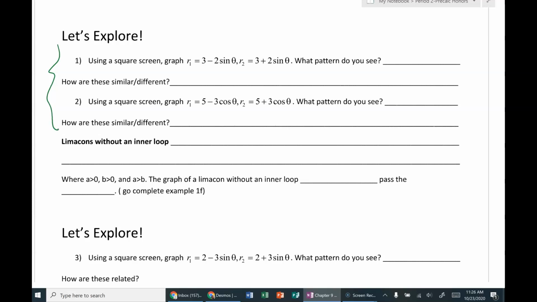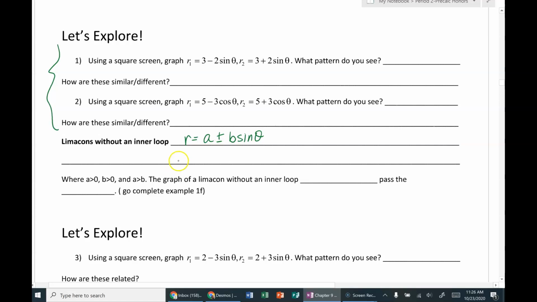Okay, again, so this is red. Limacon without an inner loop. So we will have equations: r equals a plus b sine of theta, or a minus b sine of theta.